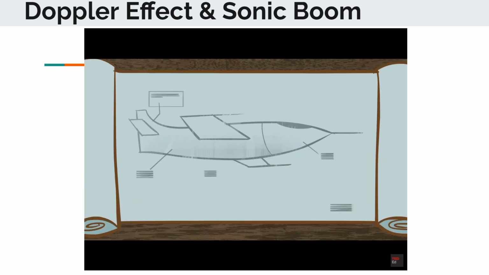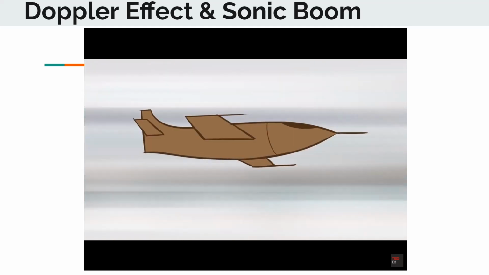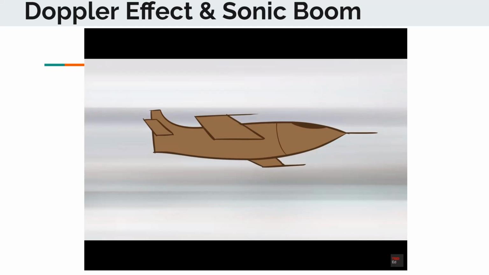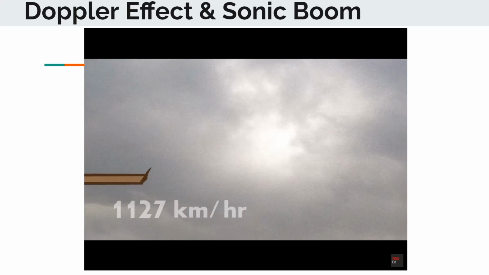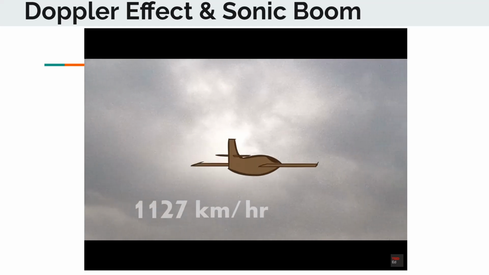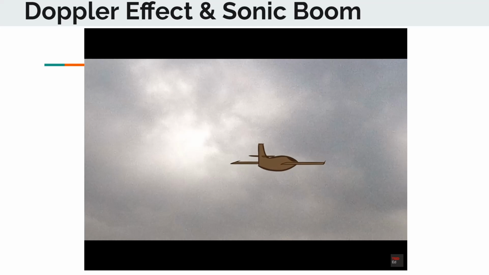Finally, in 1947, design improvements such as a movable horizontal stabilizer, the all-moving tail, allowed an American military pilot named Chuck Yeager to fly the Bell X-1 aircraft at 1,127 kilometers per hour, becoming the first person to break the sound barrier and travel faster than the speed of sound.